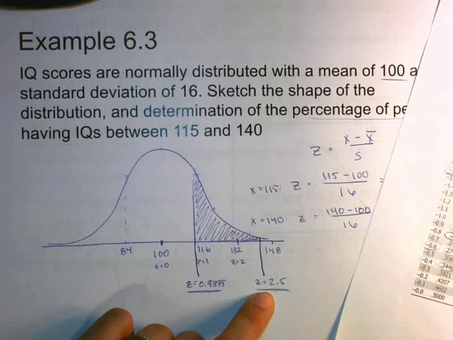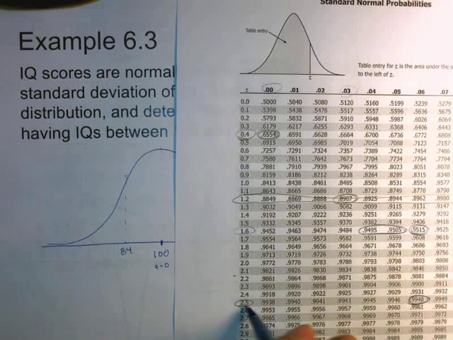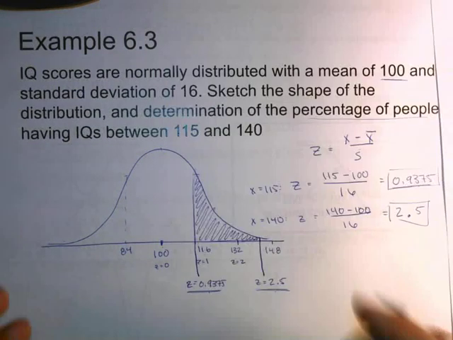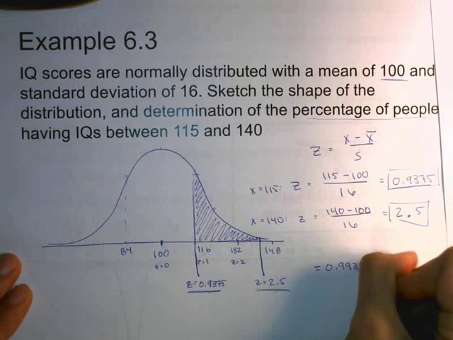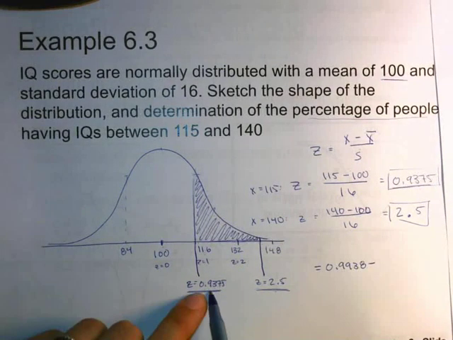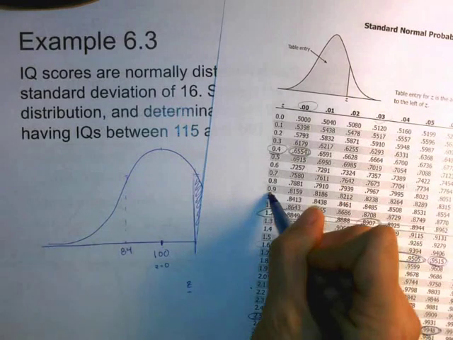So, find my handy dandy chart. I'm looking for the area to the left of this number, and I'm subtracting it from the area to the left of this number. So I'm looking for 2.5. So go to the positive side. Here's 2.5, and I'm looking for 2.50. That's 0.9938.